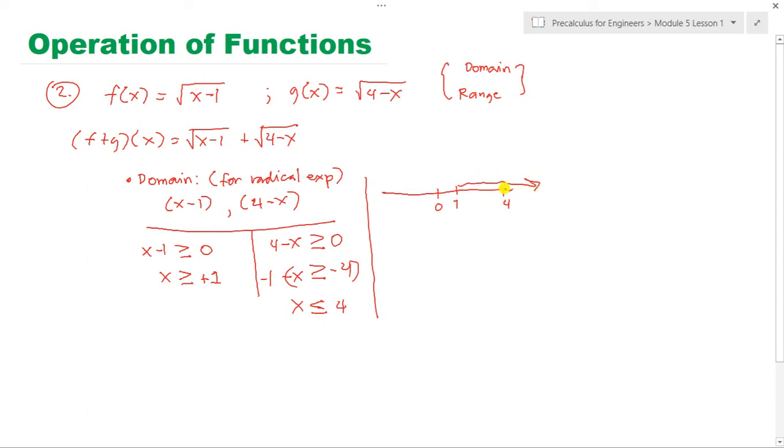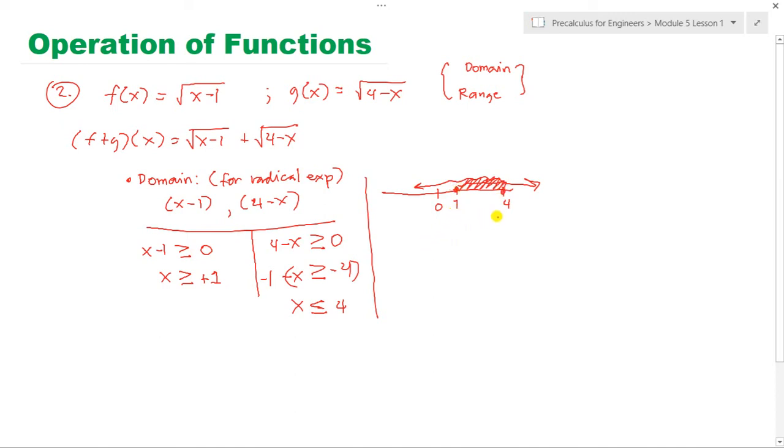The other one is less than 4, so going that way. Now the probable domain is from 1, since this is a non-strict inequality, non-strict with equal, so both are included, the 1 and the 4, so 1 to 4.